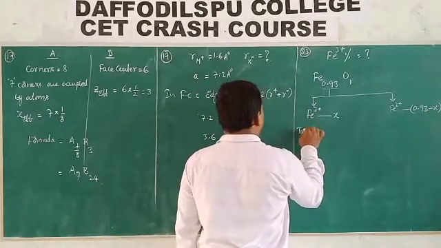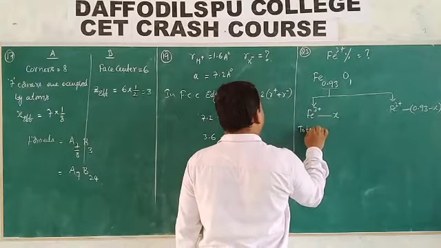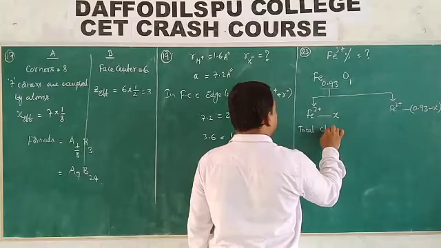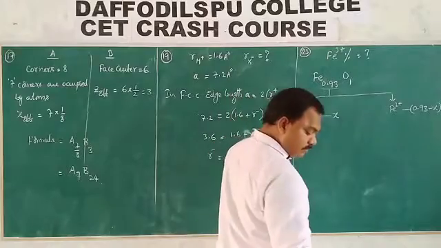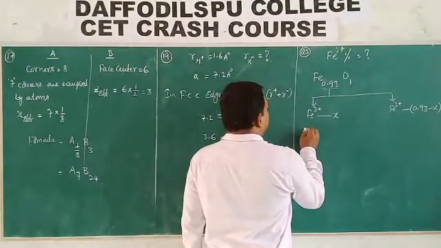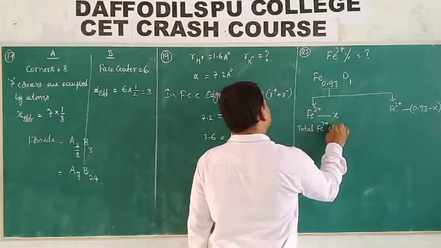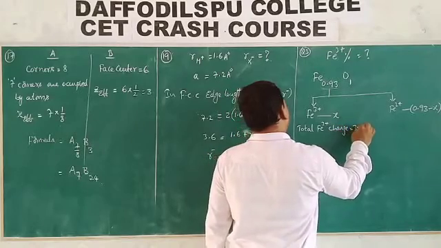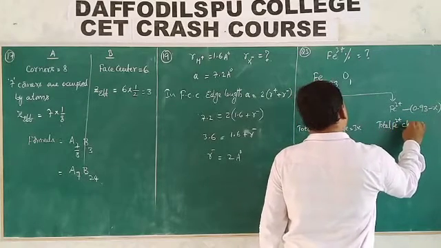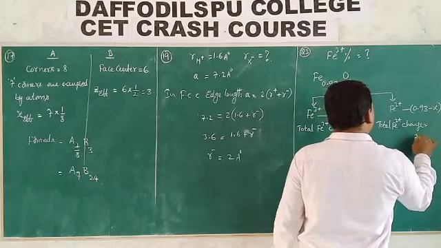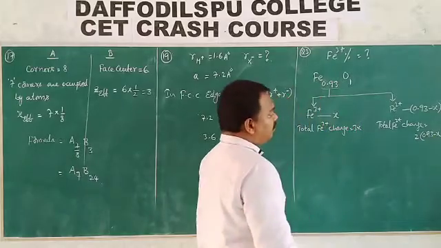So total Fe3+ charge is 3x, and total Fe2+ charge is 2 into (0.93 minus x).